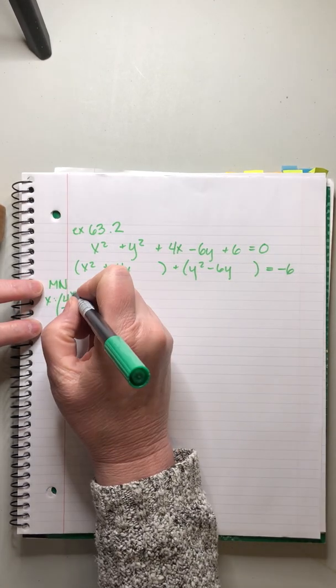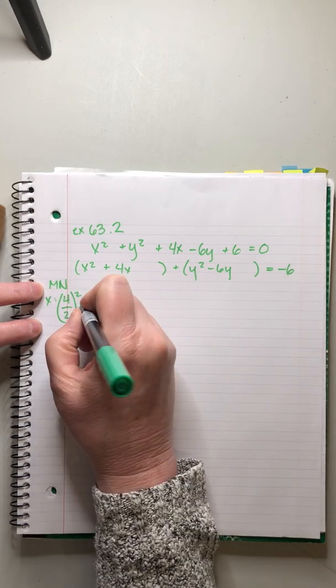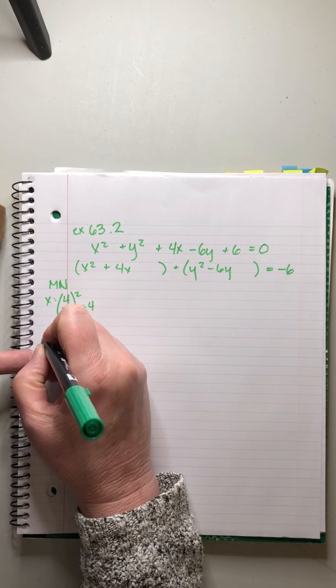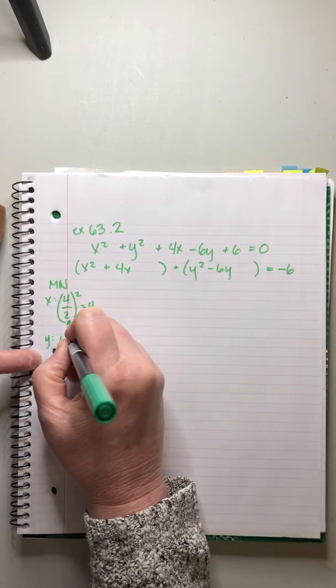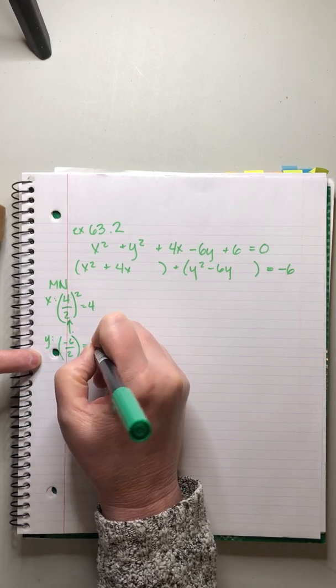I hope that makes sense. Okay, this equals 4 divided by 2 is 2, 2 squared is 4, and then my y version, it's minus 6 divided by 2, so that's minus 3, and that squared is 9.